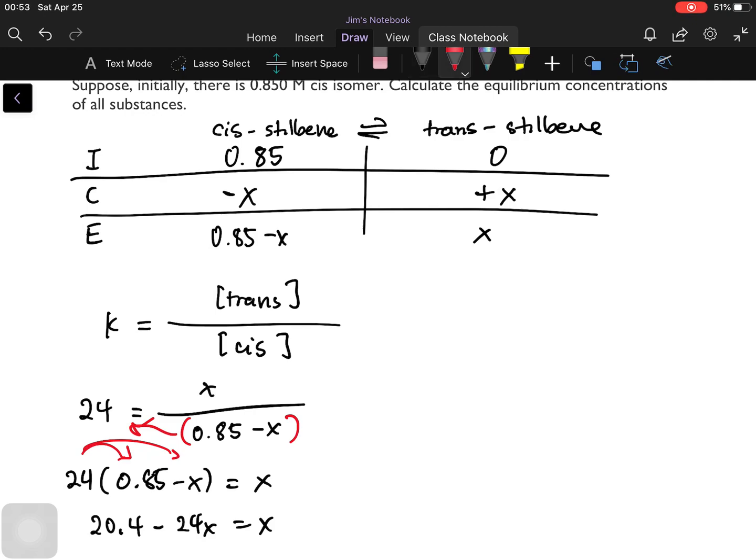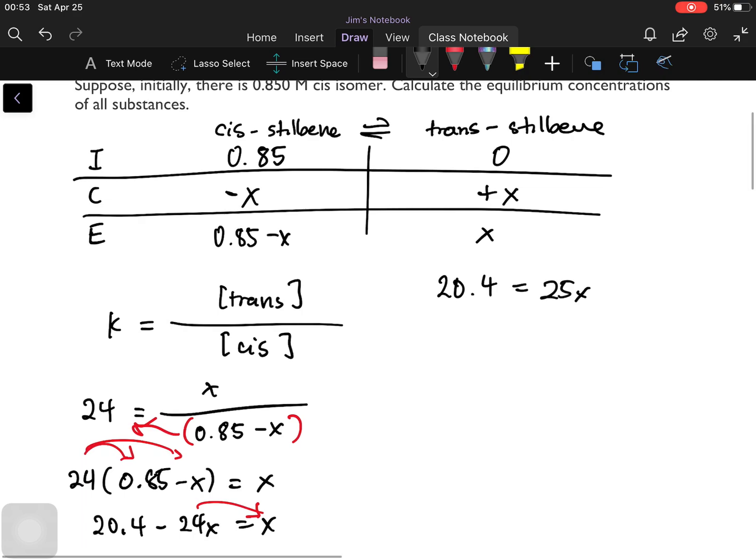Then we transpose this to the other side, so that is 20.4 equals 24x plus x, or simply 25x. Dividing both sides by 25, we get x equal to 0.816.